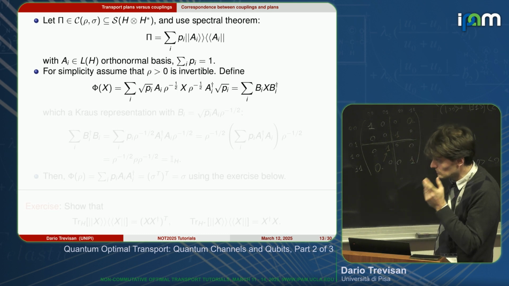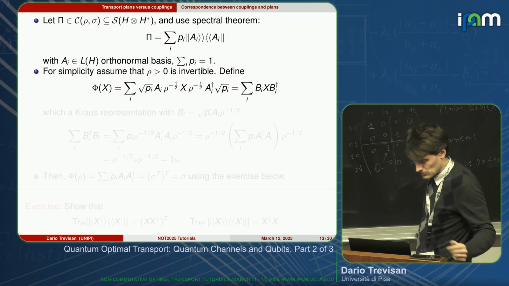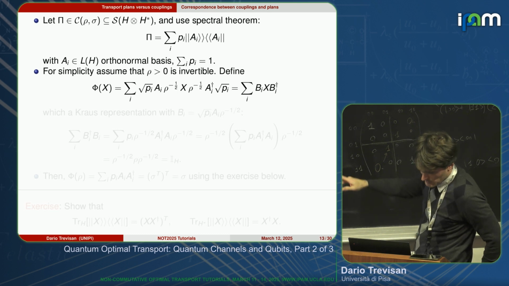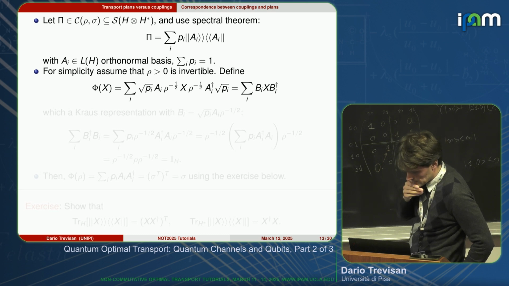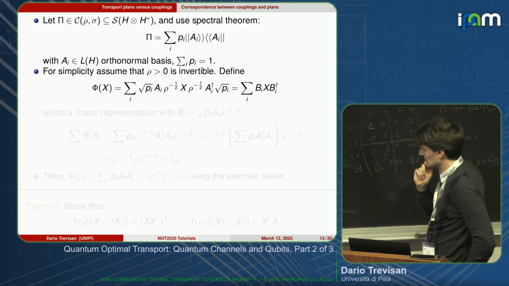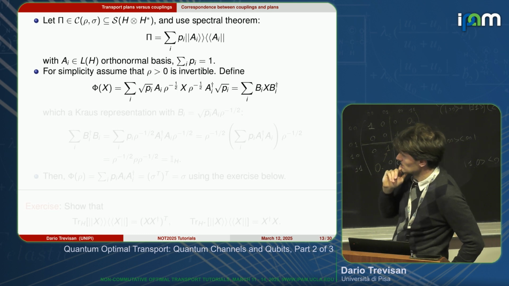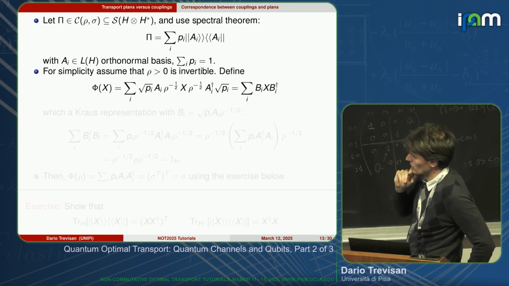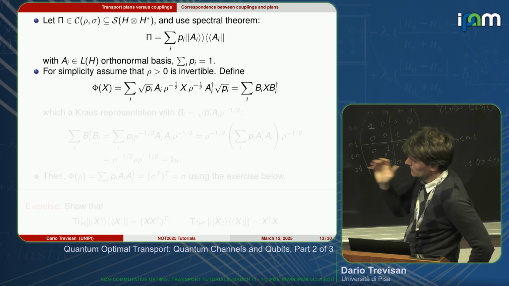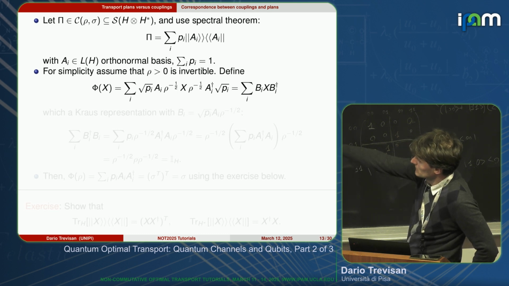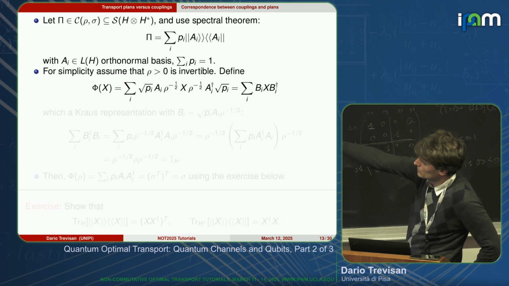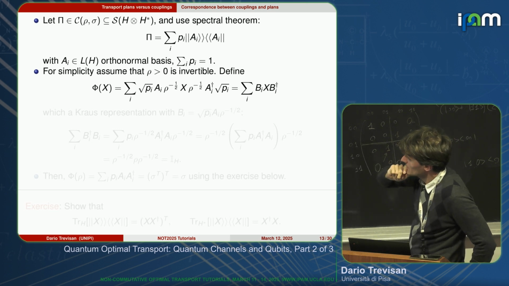Well, to build a channel, you need to build some Kraus operators, okay? The idea is essentially this, and it has a name. This idea in the theory of quantum channels is also known, I would say, but we just work it out again. So the point is this: you take your coupling.